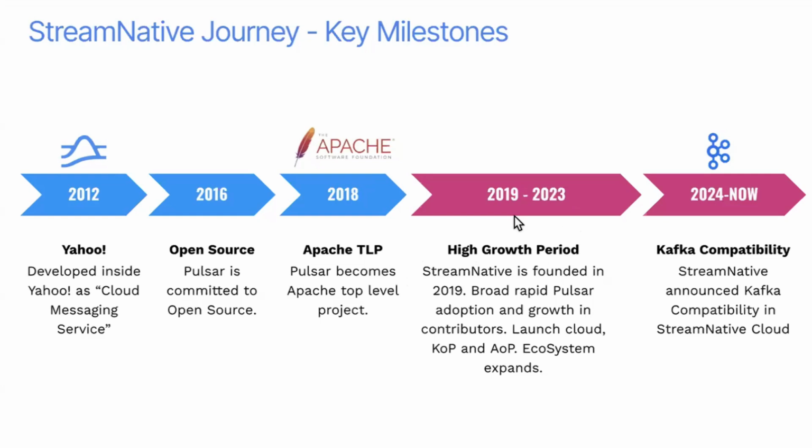In these 4 years, from 2019 to 2023, the Apache Pulsar community saw really good growth, and so did the company StreamNative. I think that was a phenomenal phase for us. In 2024, we realized that a lot of the problems we were solving, particularly the challenges which Apache Kafka had, were solved by Pulsar, and we wanted to offer those capabilities to the broader Kafka community as well.